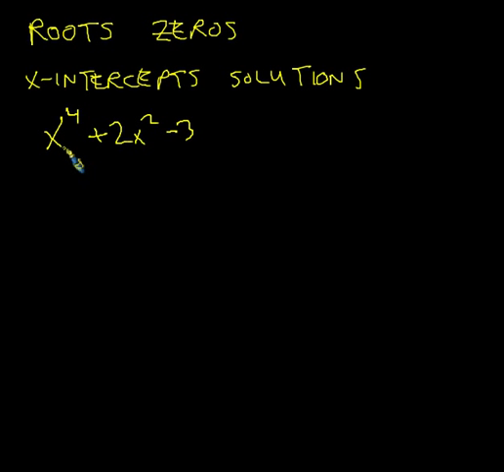Let's take a look at a fourth degree polynomial where we can really see the roots as far as solutions. We'll take this guy, and by the way, let's set this equal to 0 so we can actually see solutions. And this guy, because this 2 here is half of the 4, we can use the x factor on this guy. Now that doesn't mean that it's factorable, but we can certainly try.